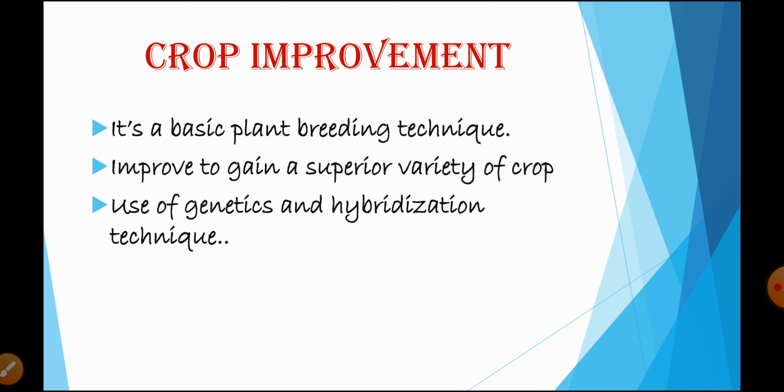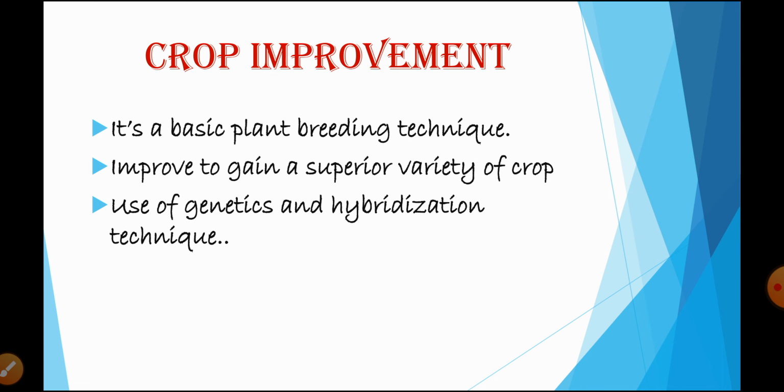How do we say that that particular character is a superior quality or that particular trait is a desirable trait? That is based on our dependence. So in case you are talking about rice or paddy, the better quality rice and the one which gives more quantity of rice will be considered as superior quality. Right?